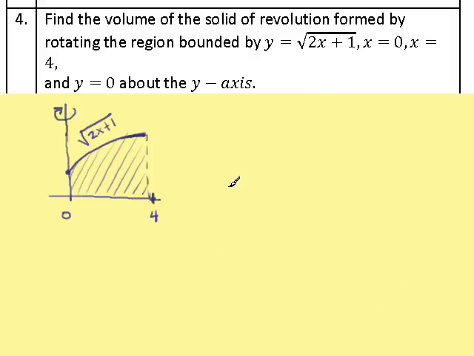In number 4, we're rotating the region underneath y equals square root of 2x plus 1 between x equals 0 and x equals 4 about the y-axis. All right, so we'll do the shell method. Okay, we visualize rotating this rectangle, we get a shell.